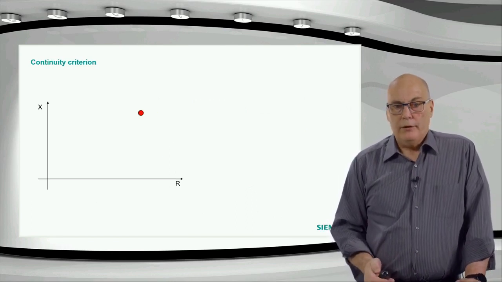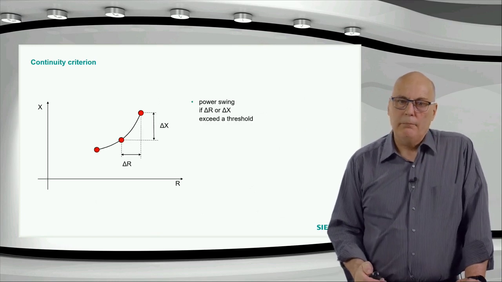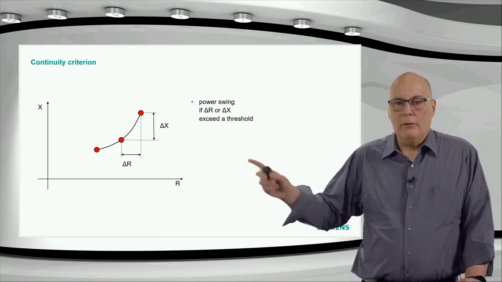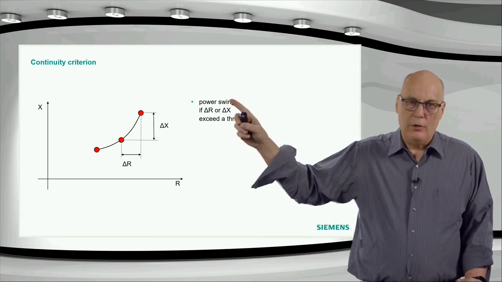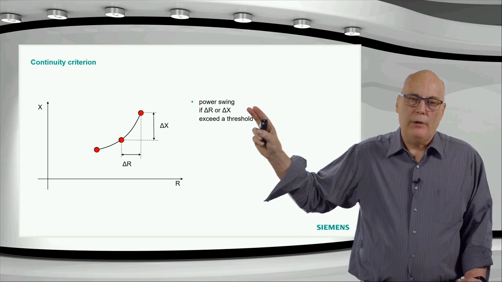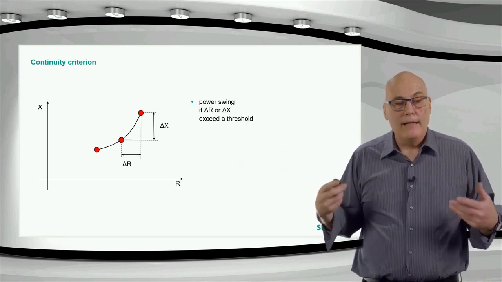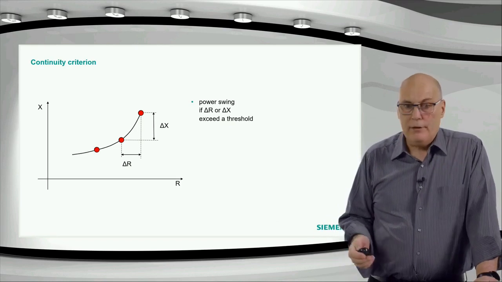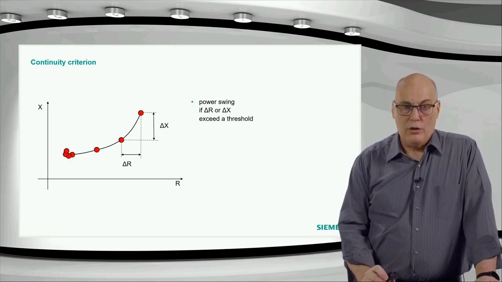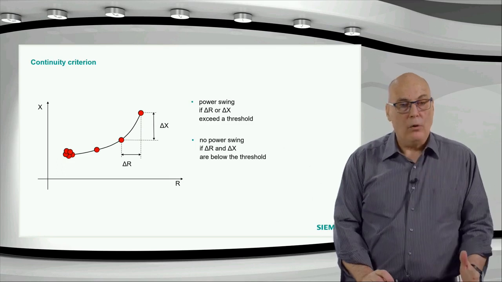The continuity criteria is rather interesting, because if you have a power swing, obviously you can have a stationary load somewhere, but that's not inside the relay where it enters the relay. Once you have a power swing and the thing starts moving, it has to keep moving. If it should all of a sudden decide to stop like this, then it is no longer a power swing.